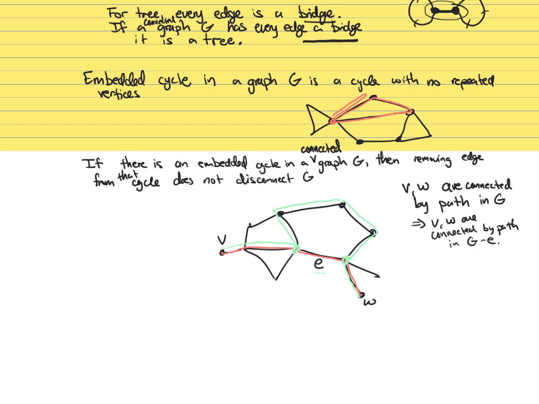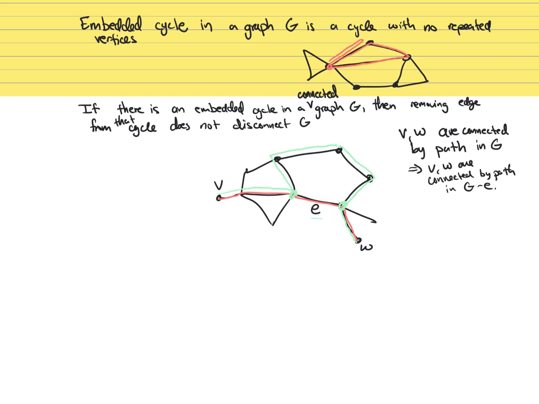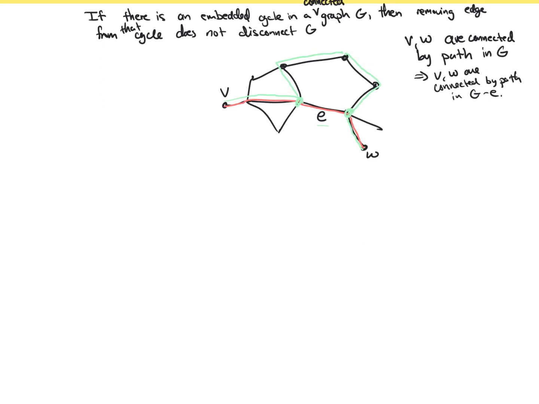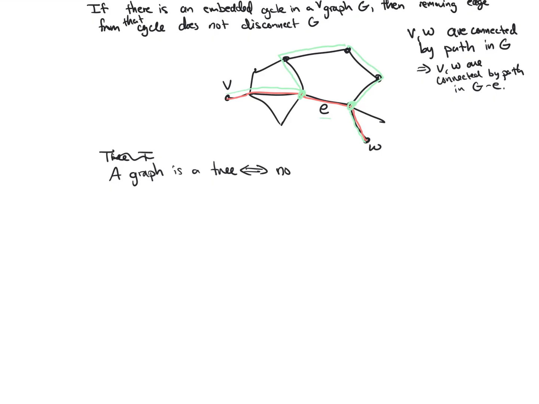So another way to say this is that a graph is a tree exactly when it has no embedded cycles.